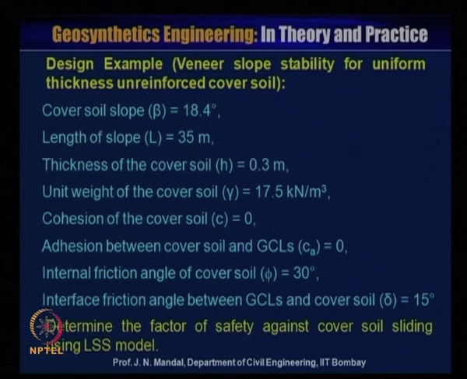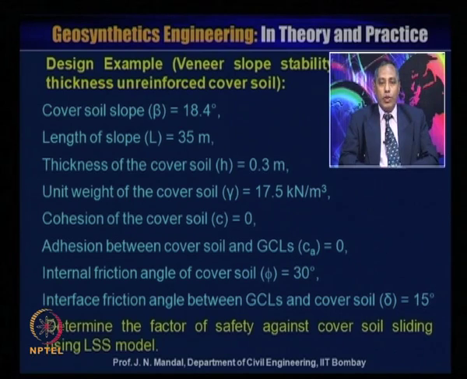Now, in the problem it is given: cover soil slope beta is equal to 18.4 degree, and length of the slope L is 35 meter, thickness of the cover soil H is equal to 0.3 meter, unit weight of cover soil gamma is 17.5 kilonewton per meter cube, and cohesion of the cover soil C is equal to 0, adhesion between the cover soil and the geosynthetic clay liner, that is Ca, is equal to 0, internal friction angle of cover soil phi is equal to 30 degree.